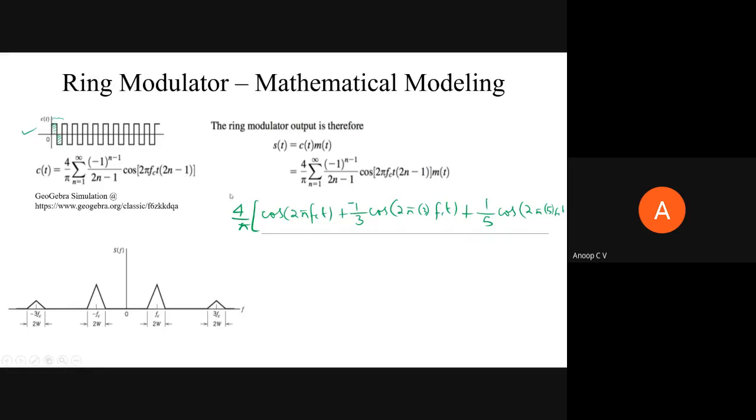Maybe now we want to show, if you add 4 by pi cos 2 pi fct minus 4 by 3 pi cos 2 pi times 3 fct plus 4 by 5 pi times cos 2 pi times 5 fct, and so on and so forth, you will get a square wave. Will you get a square wave or not? That is my question.